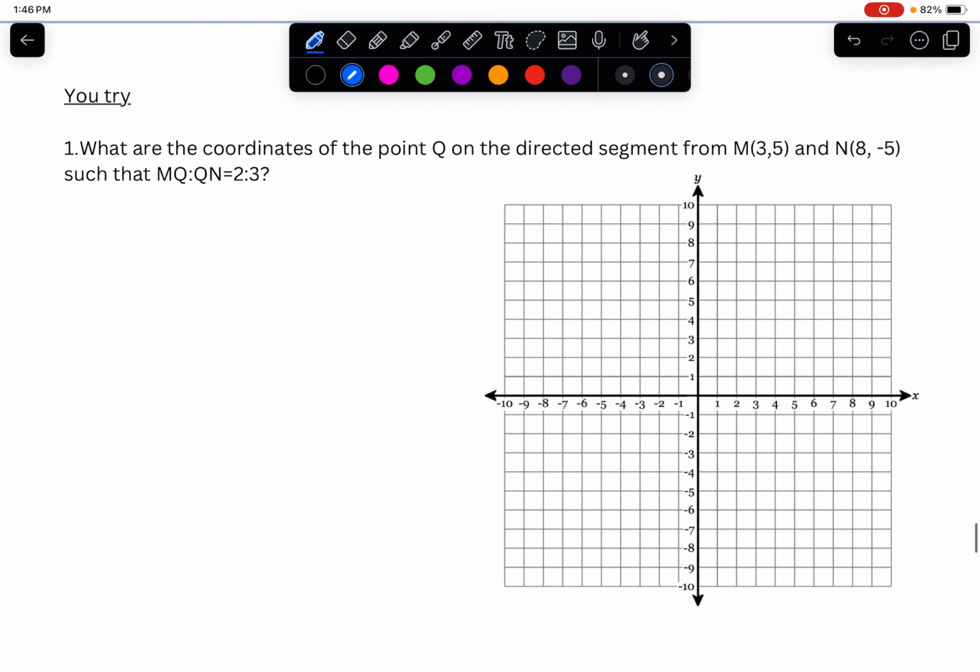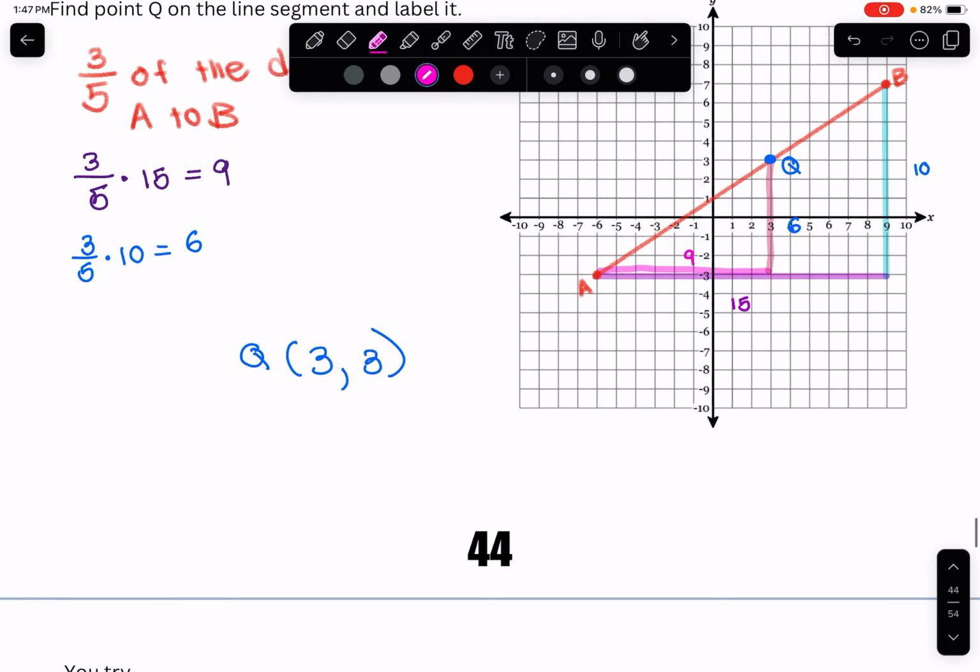So now we're going to do the same thing. What are the coordinates of the point Q on the directed line segment from M, 3, 5, to N, 8, -5, such that MQ to QN is 2 to 3?